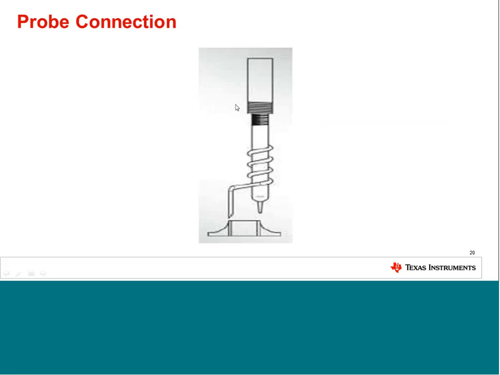If you connect a probe as you buy it, usually with this crocodile clamp for ground and the tip for measuring the signal, you introduce a very big loop and a significant inductance in your probe connection. Probing like this does not really give you a good result, and in extremes you can destroy your circuit with that.